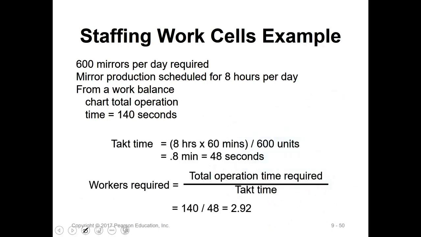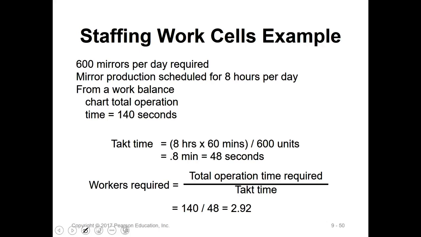And for takt time, the total available time is 480 minutes, divided by 600 units, that's the customer requirement. For each part, you need 48 seconds to produce this. So this is the takt time.